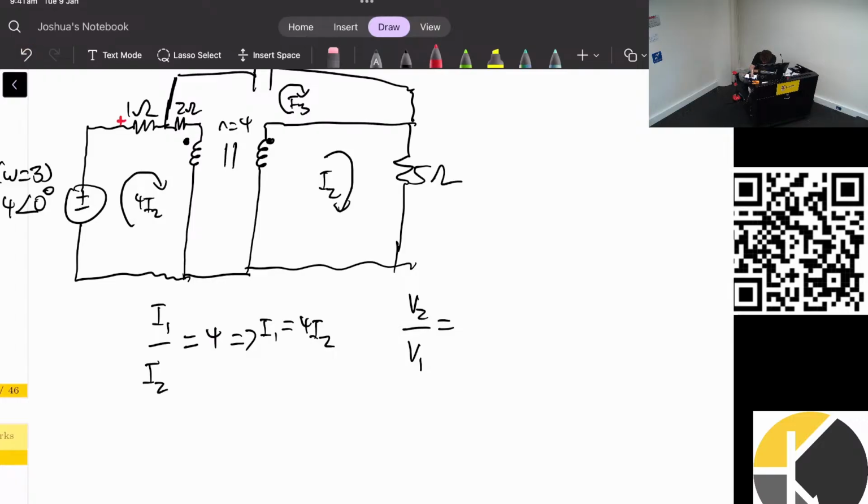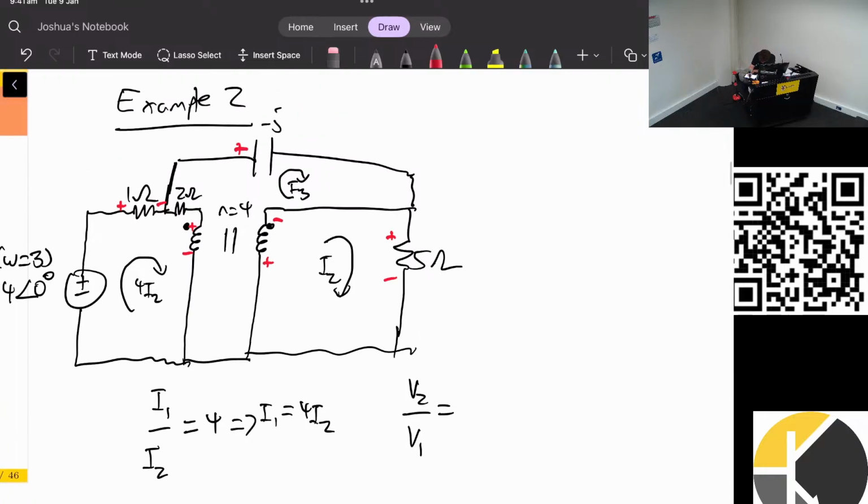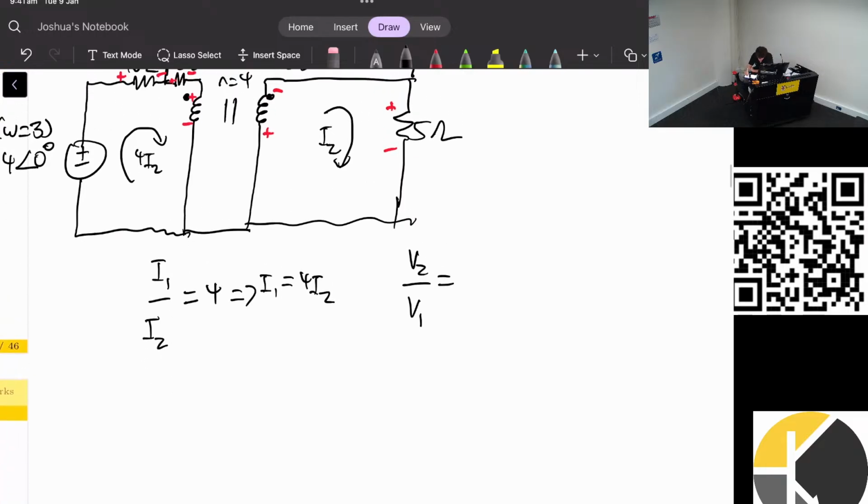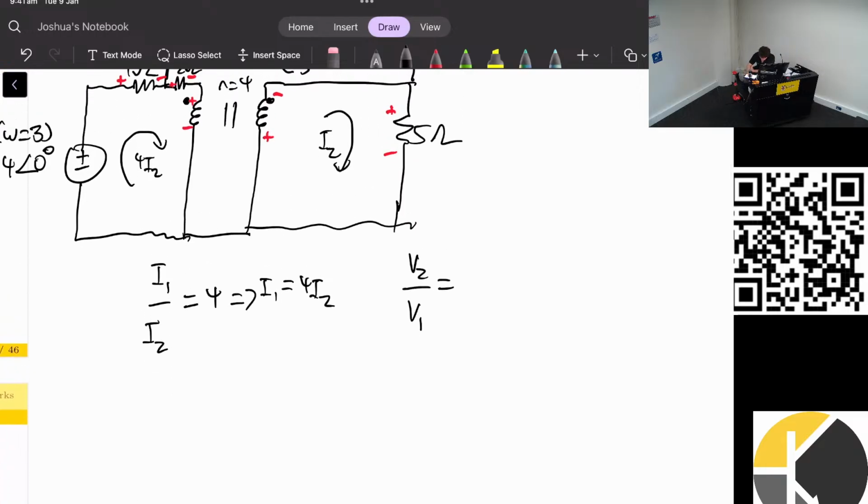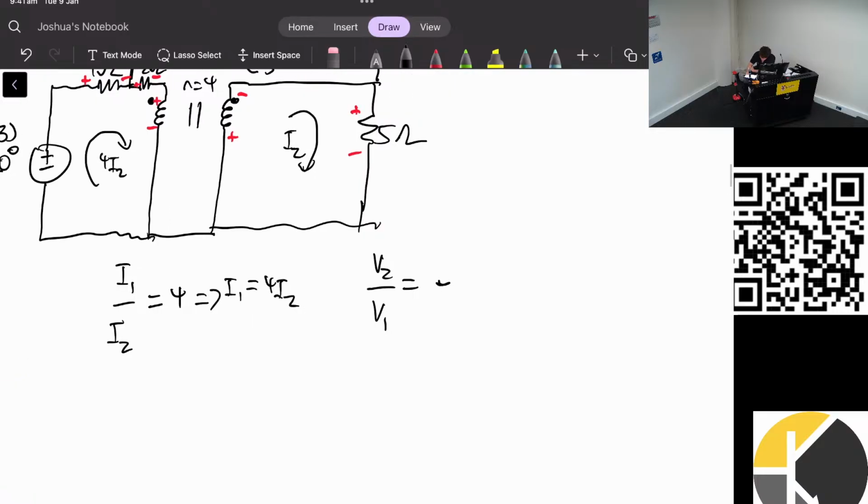So this is plus minus, plus minus, and so on. Where are our dots? This one on the left mesh is at the positive, the one on the right is at the negative, so they're opposites, which means we're going to have a -4. So we know that V2 equals -4 V1.